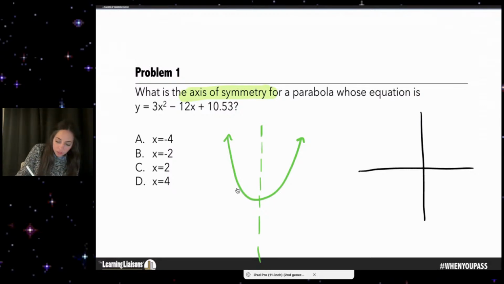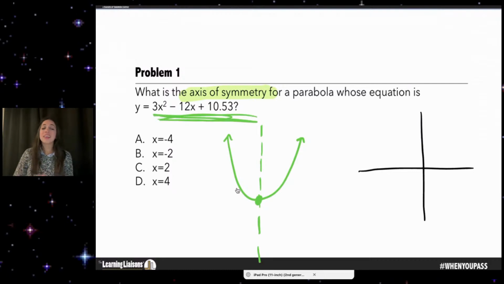So the vertex of this parabola would be right here. How do I find the vertex of a parabola without graphing it? Because that is going to be a very messy graph just because our y-intercept is messy.